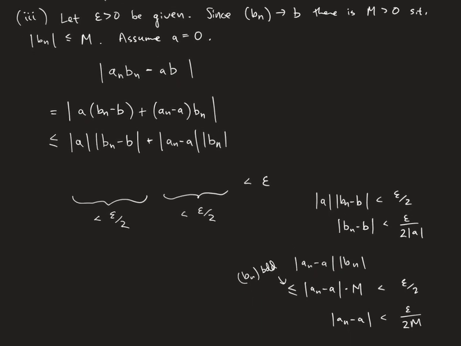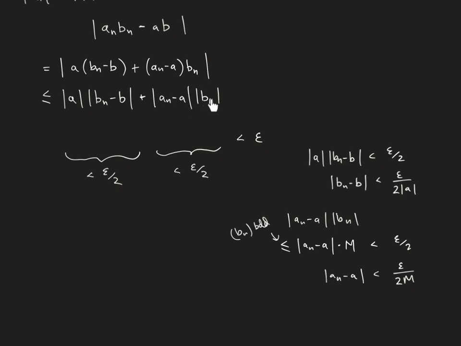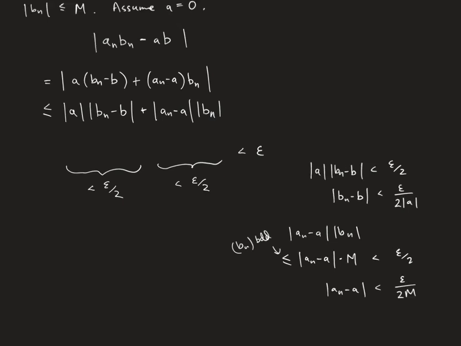And then we'll enact our plan, but all we have to do is account for this term here, right? So what we'll want to do is control the a_n - a. We'll pick our n large enough so that a_n - a in absolute value is less than epsilon over 2M.